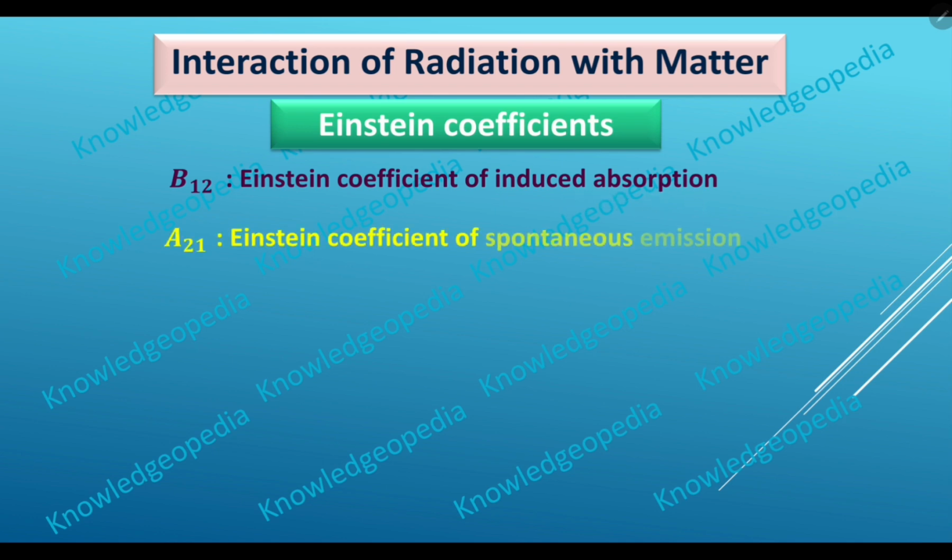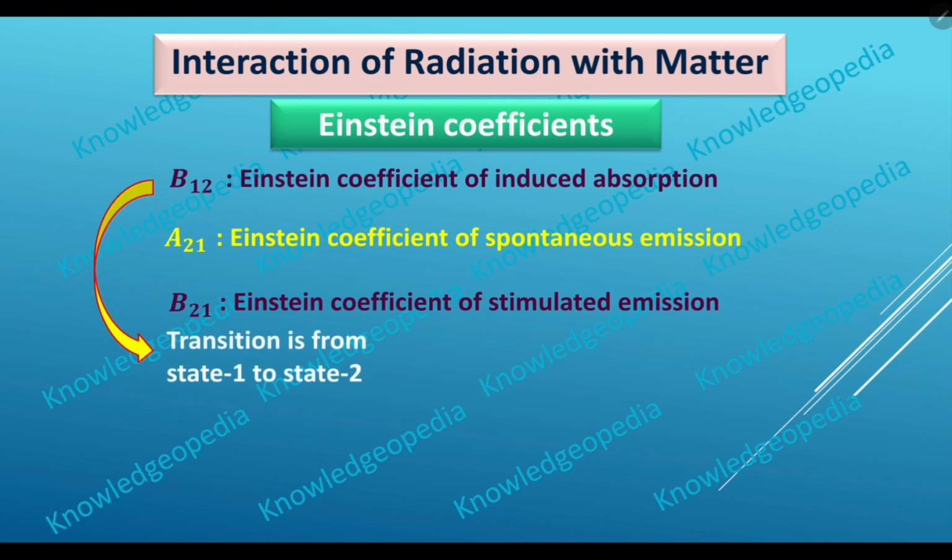The second one is A21, the Einstein coefficient of spontaneous emission, and the third one is B21, which is the Einstein coefficient of stimulated emission. So these are three Einstein coefficients, also known as Einstein's A and B coefficients. Let us see what these letters indicate.